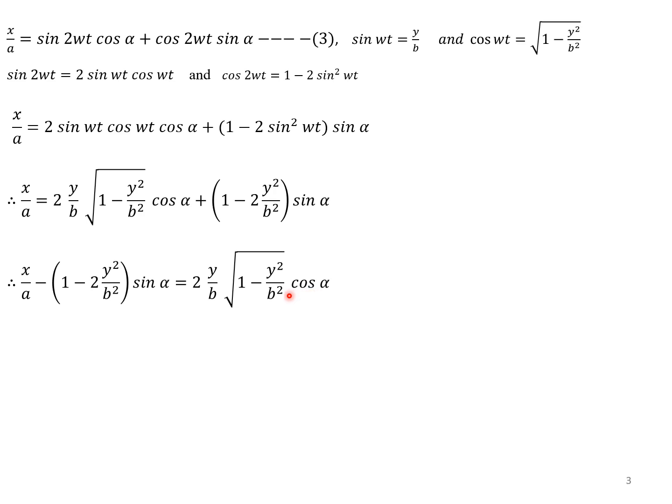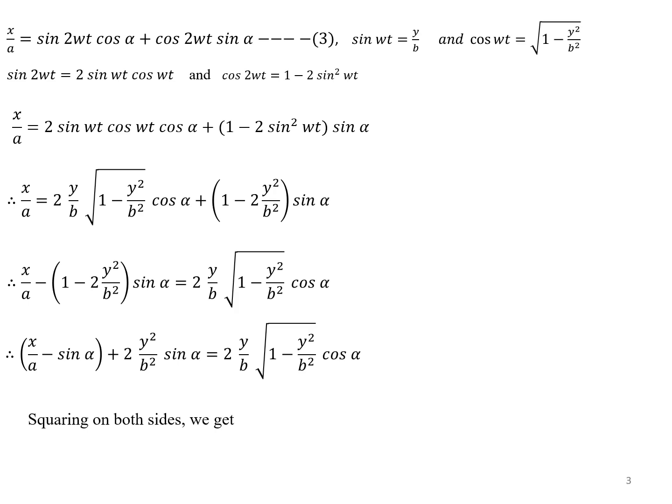Then rearranging the above equation, we get (x/a - sin α) + 2y²/b² sin α = the right-hand term as it is.